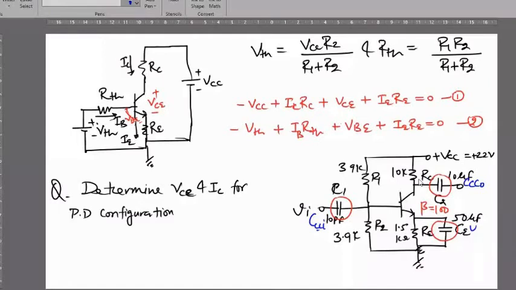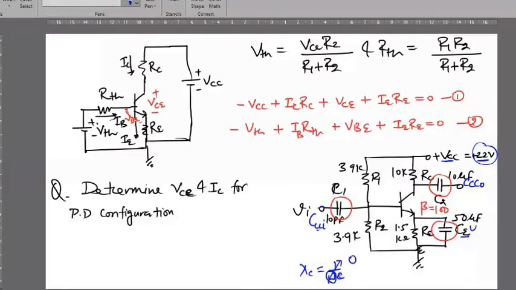Let me explain. Currently, we are performing DC analysis. We are applying a fixed, non-varying voltage as the power supply. In DC analysis, the capacitive reactance is 1 upon omega C, and for DC this becomes infinity because the capacitor offers no path for static charge.